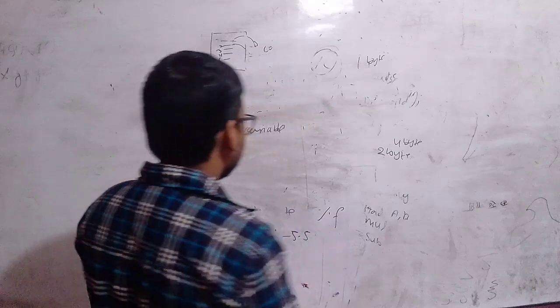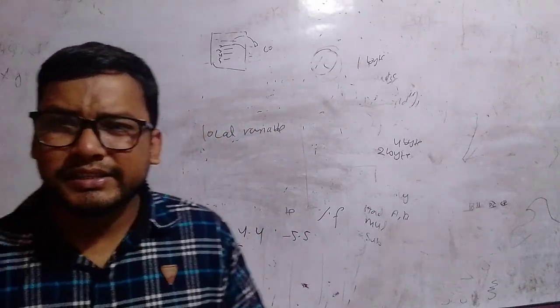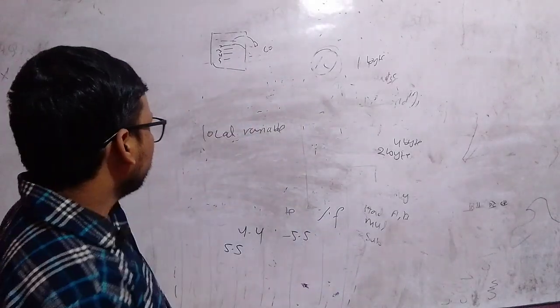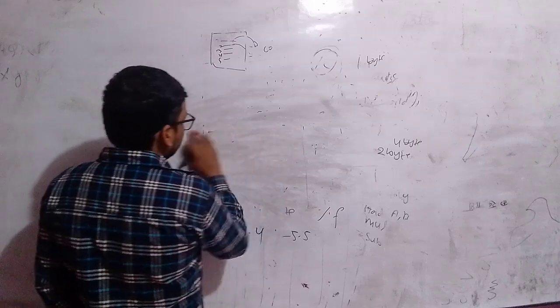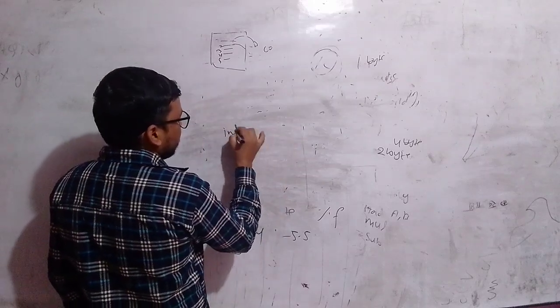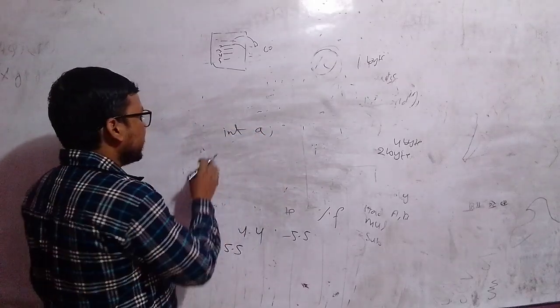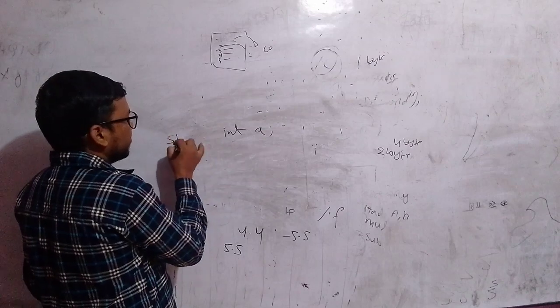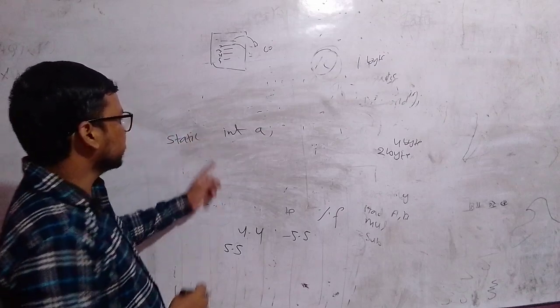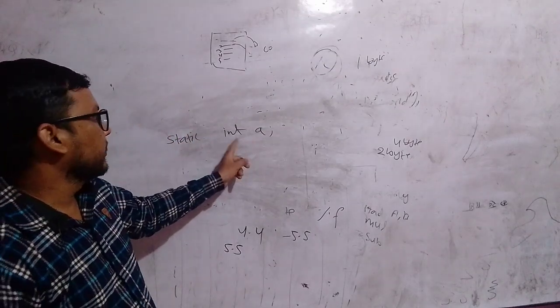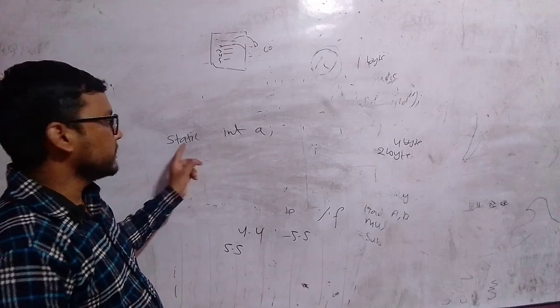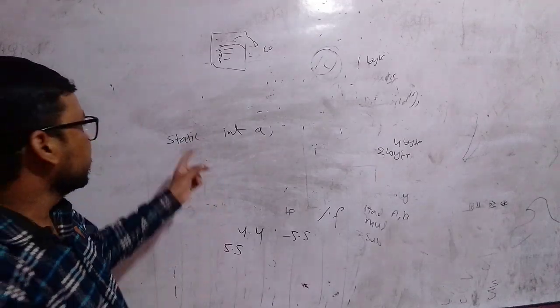And the static variable. To define a static variable, for example int a, we just give static ahead of the data type in the C programming language.